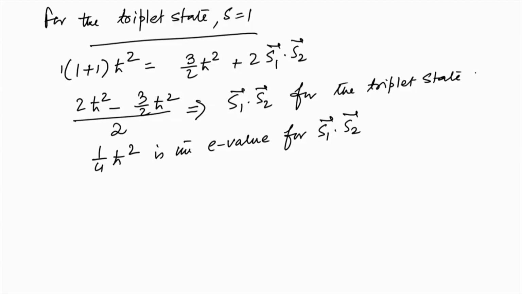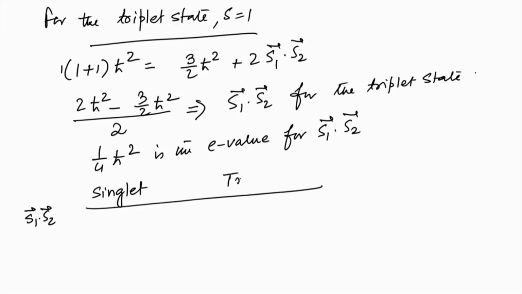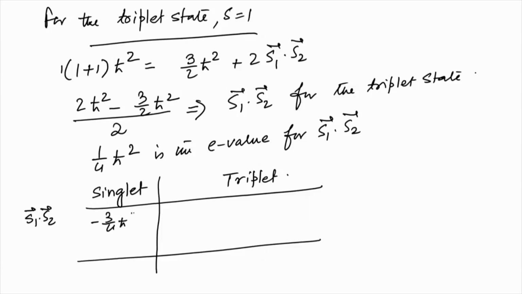So, let us just summarize this quick result. For singlet and triplet states, S1 dot S2 has eigenvalue minus 3 by 4 h cross square for the singlet and 1/4 h cross square for the triplet. So, this is the eigenvalue of S1 dot S2.